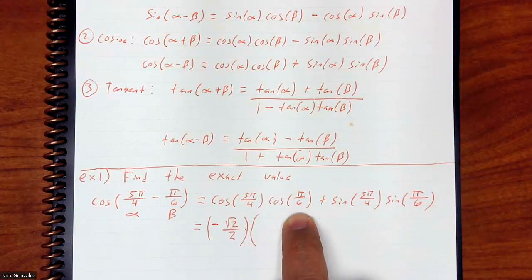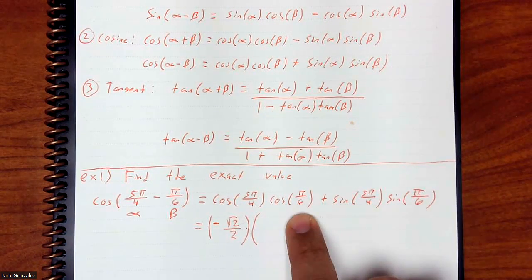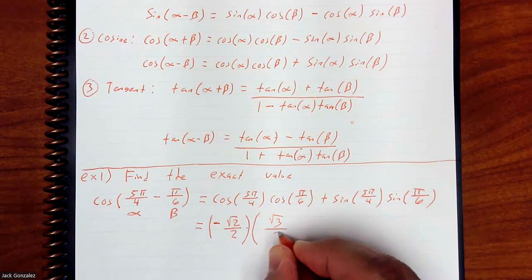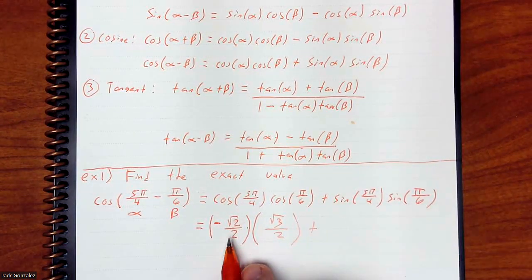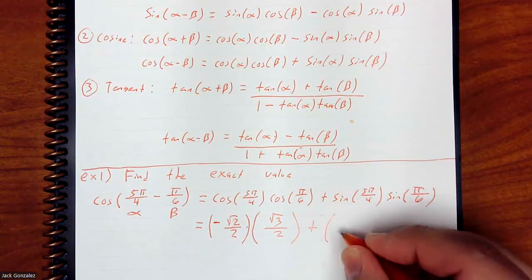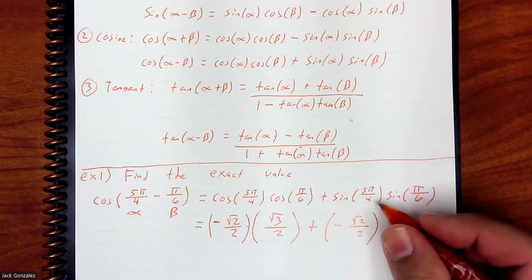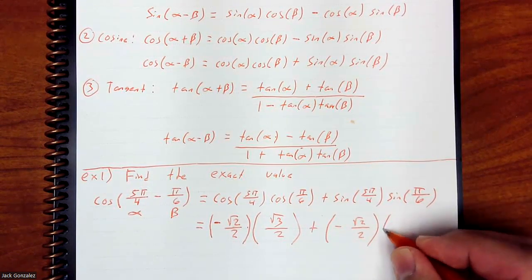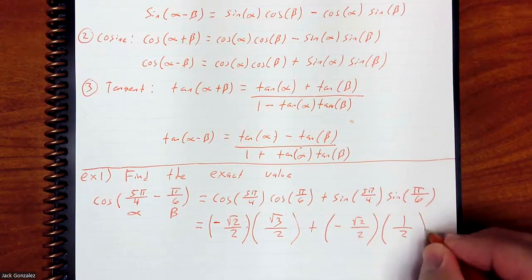What about this one? Cosine of pi over 6, that should be right at the beginning. Yeah, that's the square root 3 over 2. This one should be the same as this one, and they're both negative, like 5 pi over 4. This one should be a half.